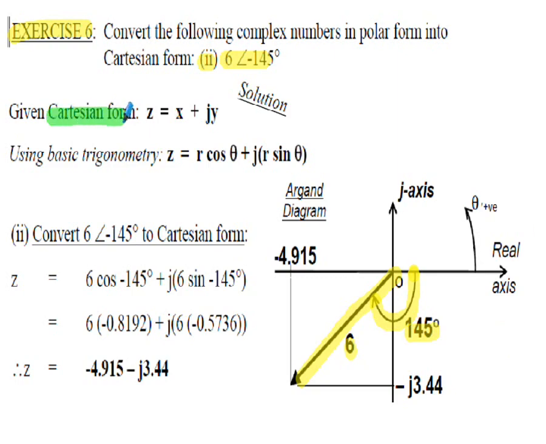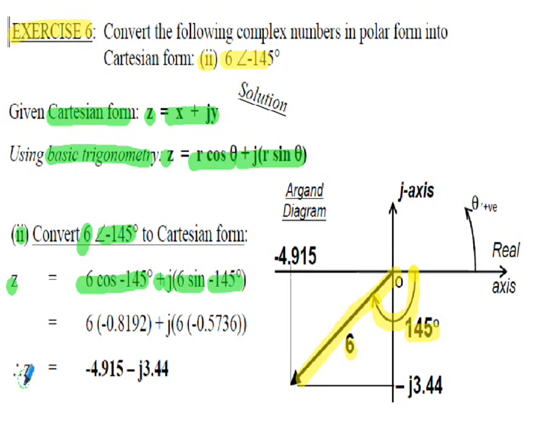Again, noting Cartesian form, z is equal to x plus jy, and again we're using the basic trigonometry of z equals r cos theta plus jr sin theta. So in part 2, the r is 6 and the angle theta is negative 145 degrees. So putting those values into the equation, we get z is equal to 6 multiplied cos of negative 145 plus j 6 sine of negative 145.